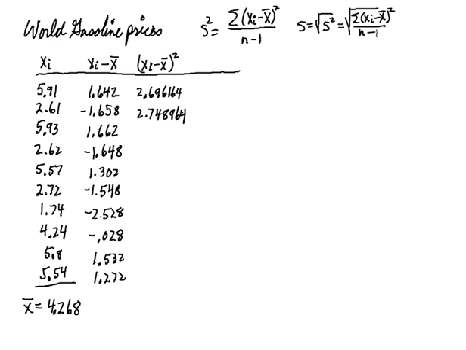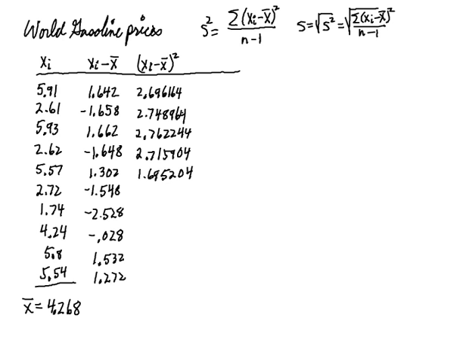And the next one, 2.762244. 2.715904. 1.302 squared is 1.695204.